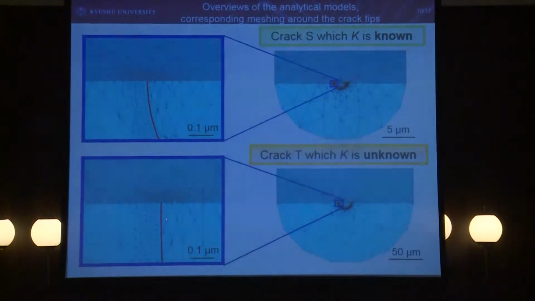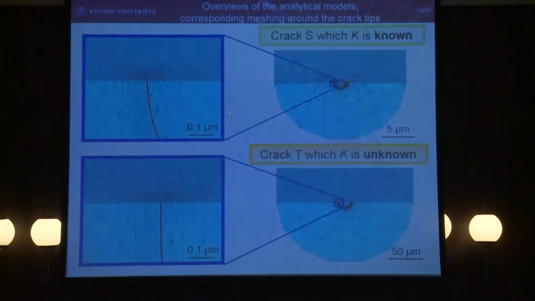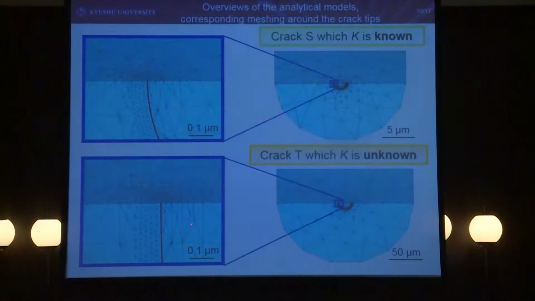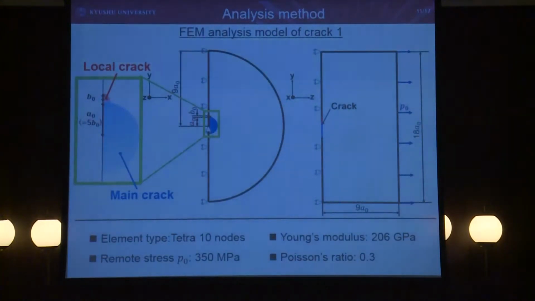These red lines are crack tips, and here is the crack surface. And these schematics show the FEM analysis model of crack 1. The analytical conditions are as shown here.